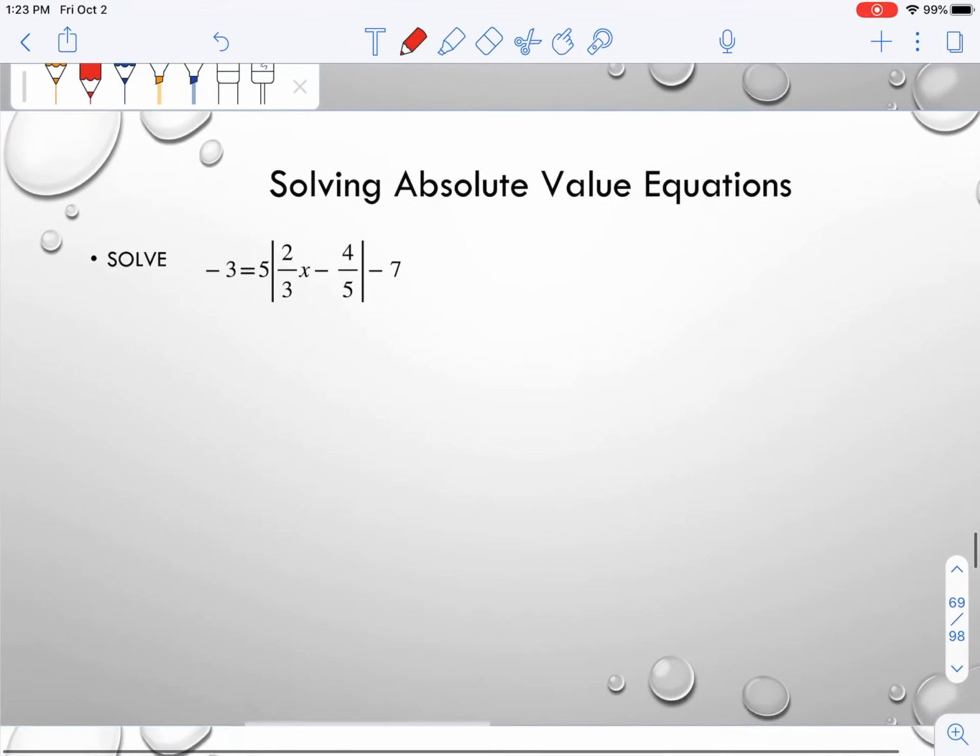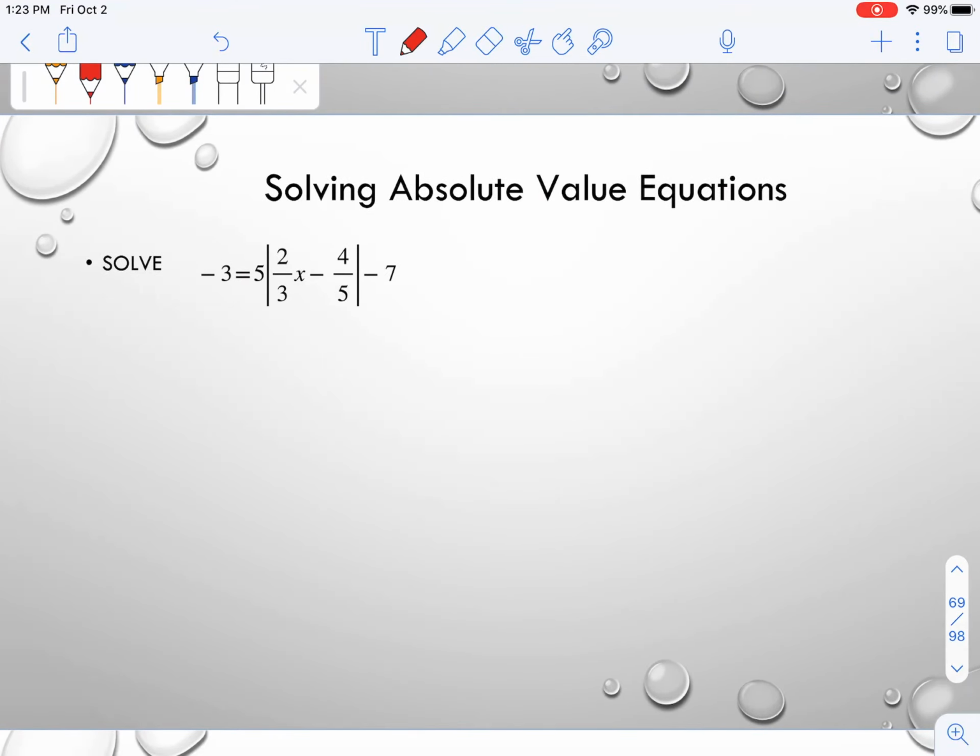So let's come down here. Let's take a look at a couple, and let's find a couple of absolute value solutions. Starting with this one here, I've got negative 3 equal to 5 times the absolute value of 2/3 x minus 4/5, minus 7. Again, I need to isolate my absolute value before I can do anything else.